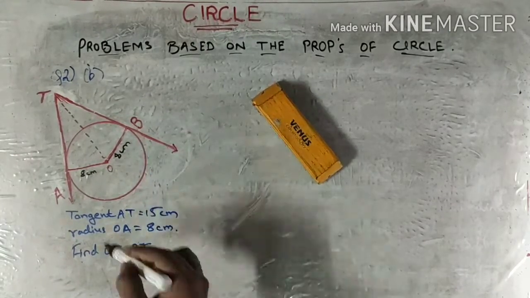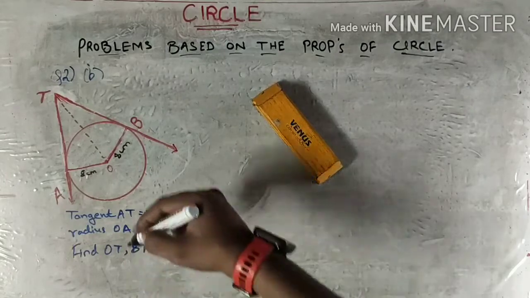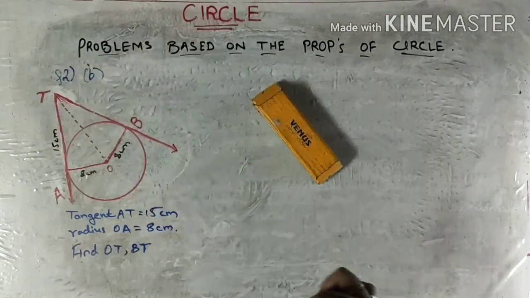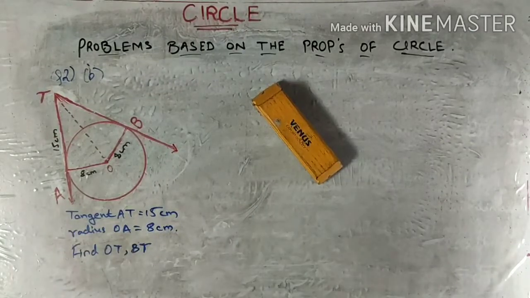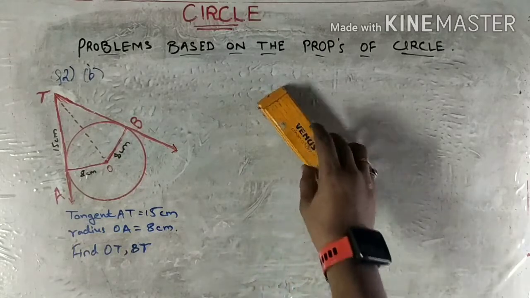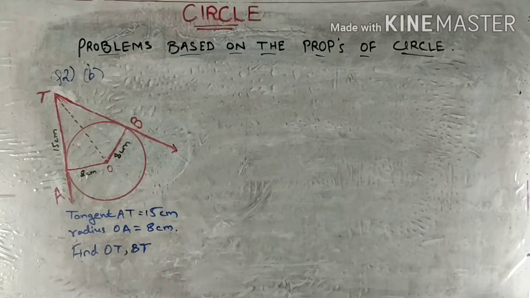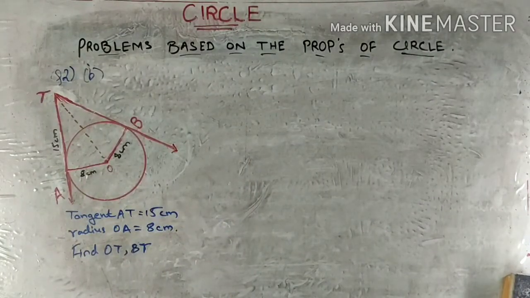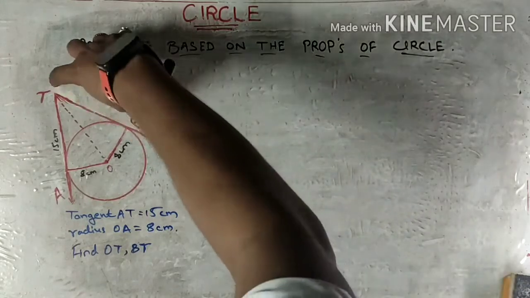8 centimeters. Tangent AT is 15 centimeters. Again, we can use our second property, that TA will be equal to TB.